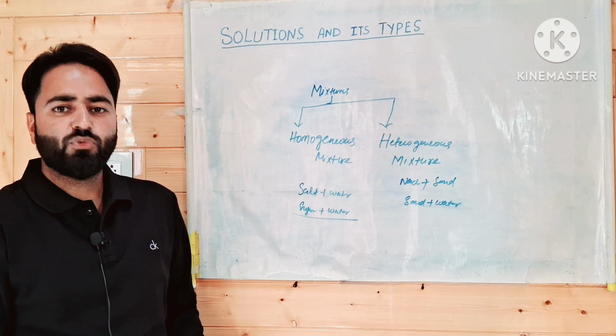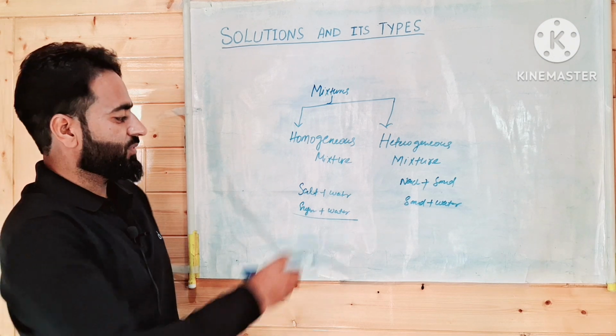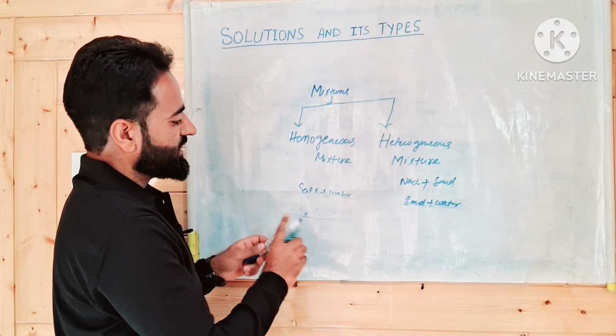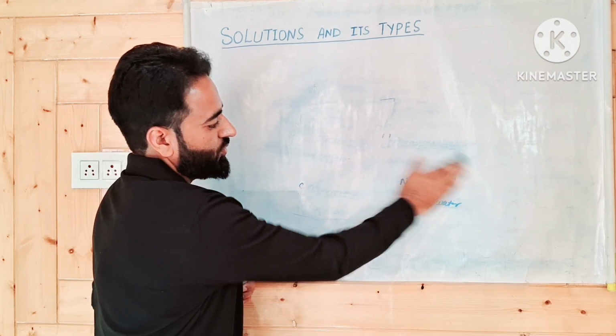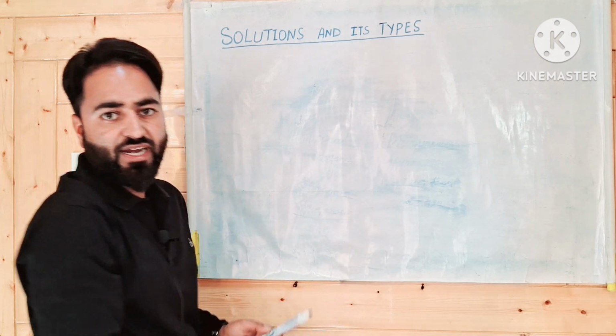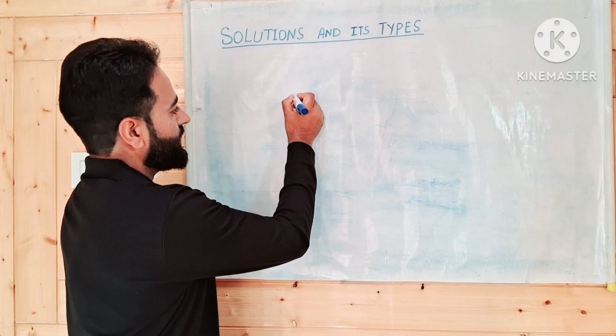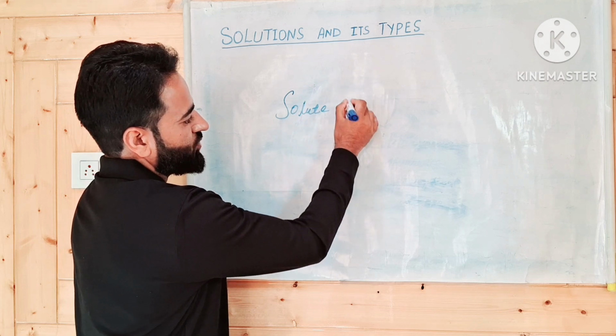Now let's come to our today's topic, that is solution and its types. Before discussing the solutions, we should know the meaning of two terms, that is solute and solvent.